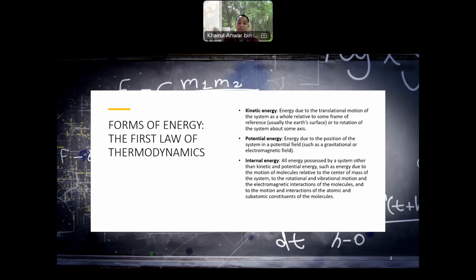So kinetic energy is energy due to the translational motion of the system as a whole relative to some frame of reference, using the earth's surface, and the rotation of the system about some axis. We have potential energy.